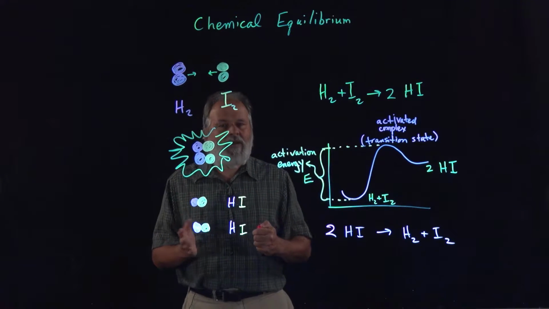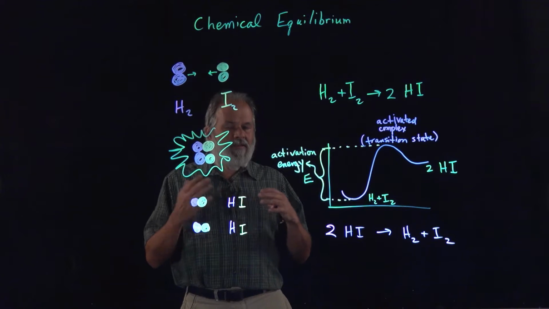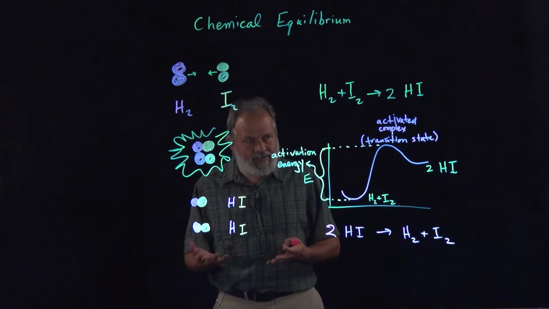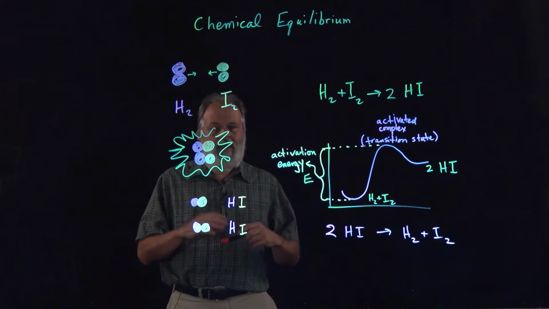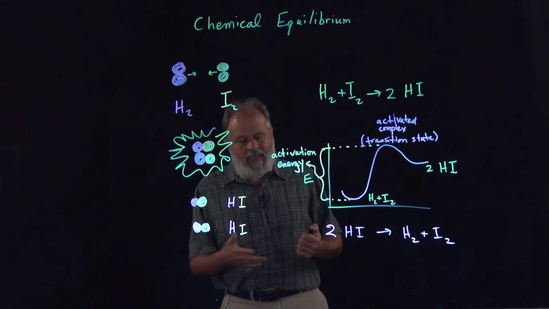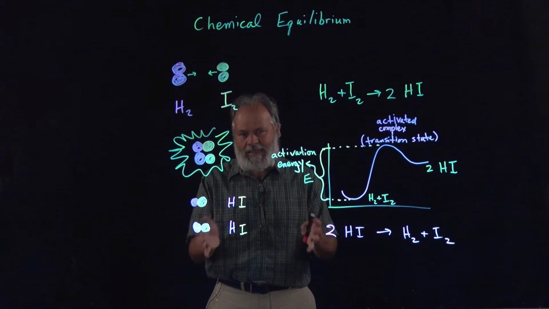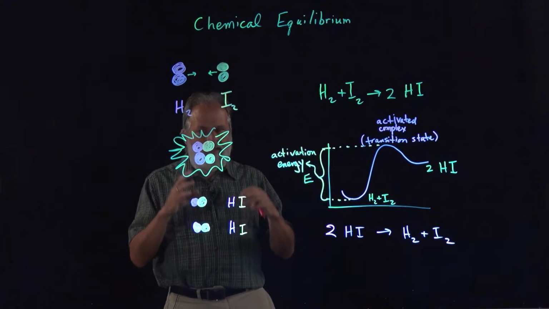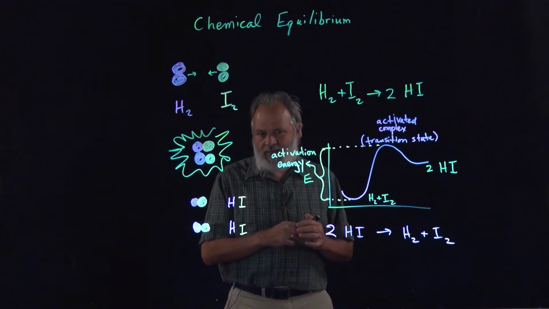And equilibrium is the state where you finally reach the point where the rate of the forward reaction is equal to the rate of the reverse reaction. Okay? And so any chemical process that you allow to come to equilibrium, that's basically defined by saying that the forward reaction rate equals the reverse reaction rate.